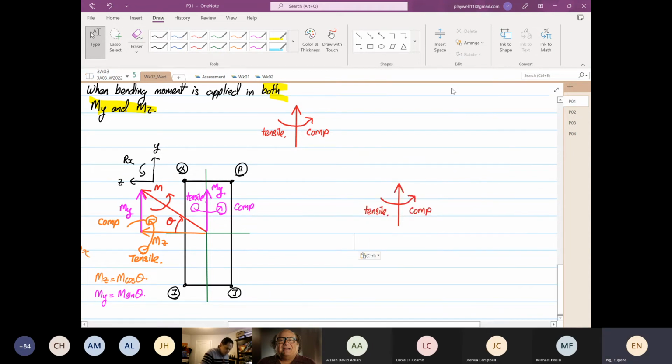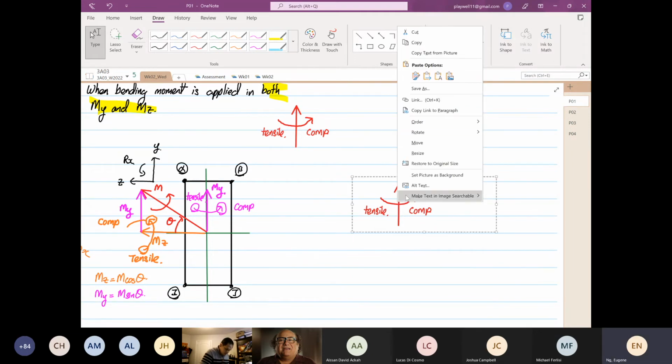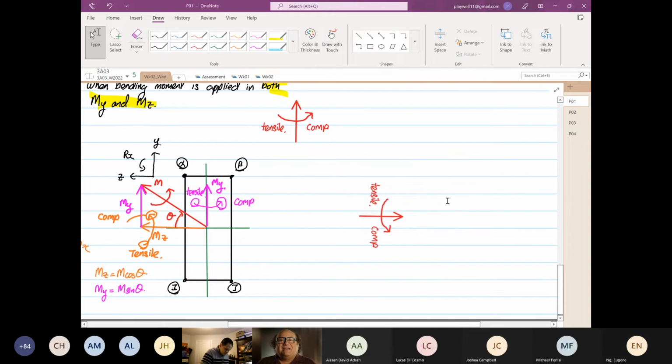Then I rotate right. If the moment vector is pointing towards the right, that is where your tensile and compression is.